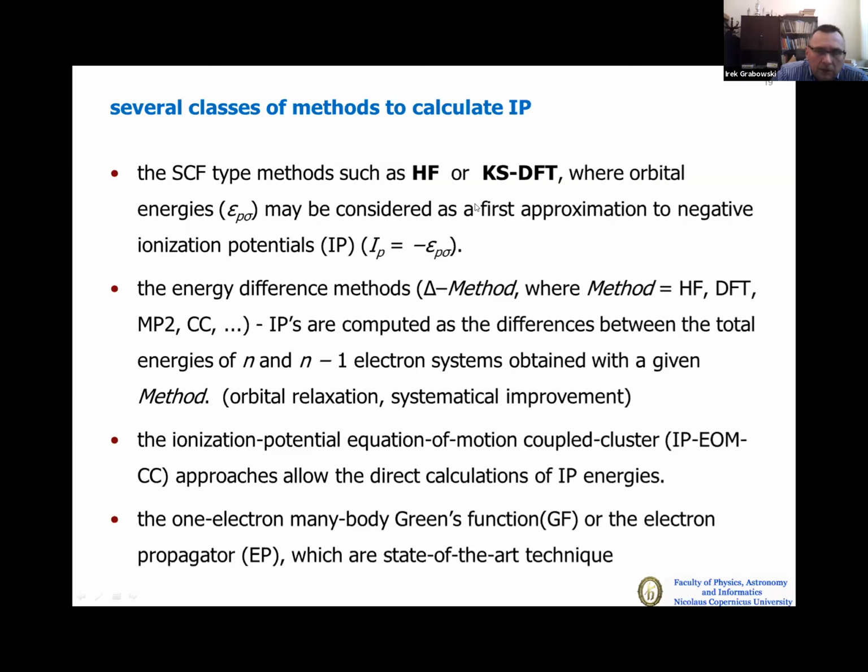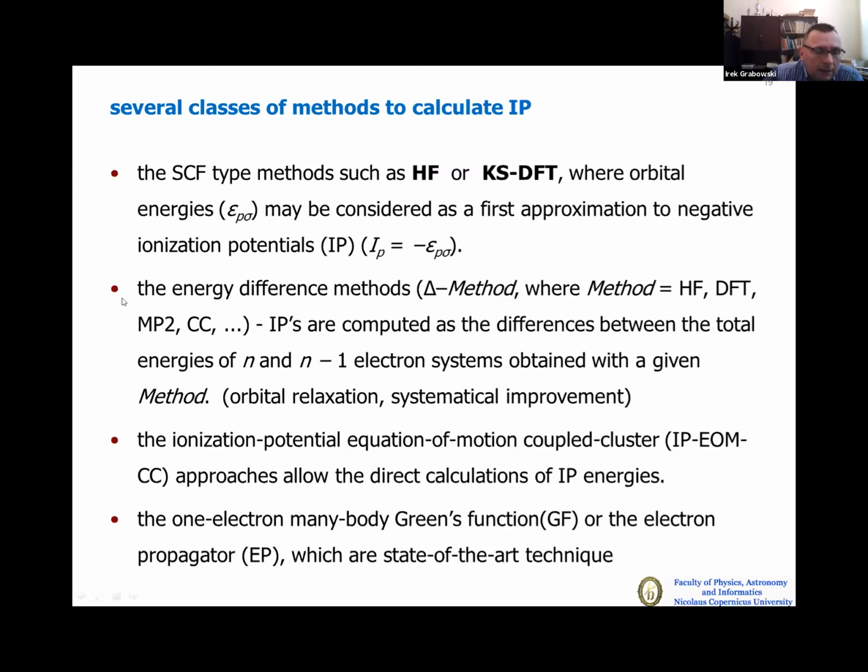For Hartree-Fock or even for Kohn-Sham DFT, the approximation is very bad. In standard Kohn-Sham DFT, the error is usually a few electron volts, except for the CAM-QTP functionals developed by Bartlett. You can see the results later.